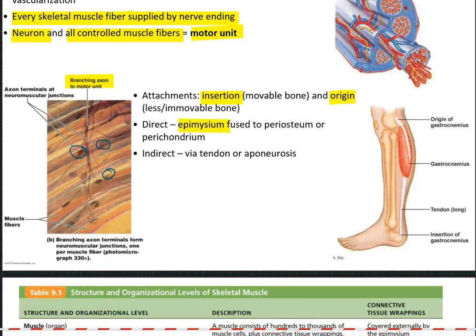So when epimysium directly fuses to periosteum, we call it a direct attachment. When muscle is connected to the bone via a tendon or an aponeurosis, that's called indirect.